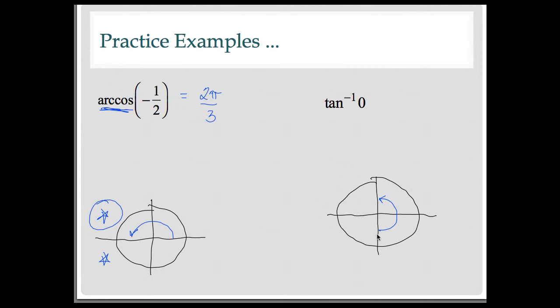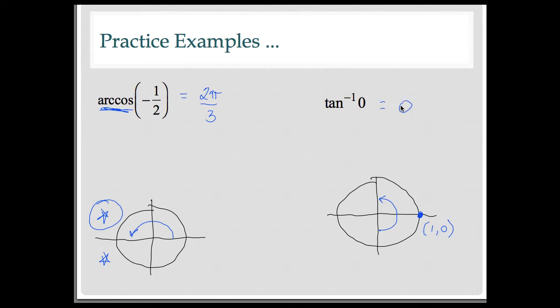So you're kind of starting down here at negative pi over 2, going through 0 up to positive pi over 2. Think of it as almost like a number line, linearly. So you want to know where in there is tangent 0. Well, the only place that's going to happen is over here. Remember tangent you get by doing y over x, so you have 0 over 1. So this is simply 0.